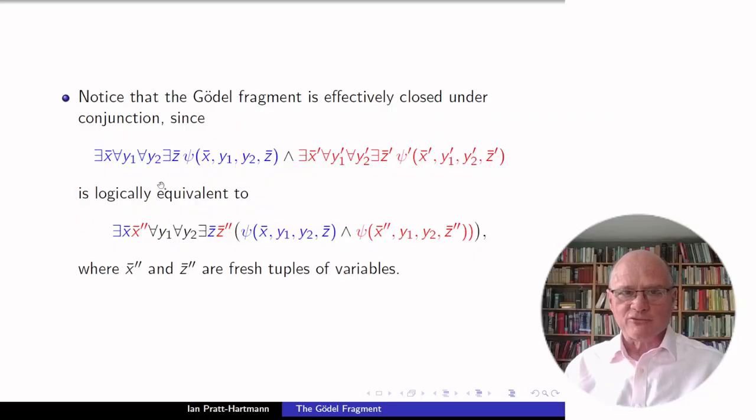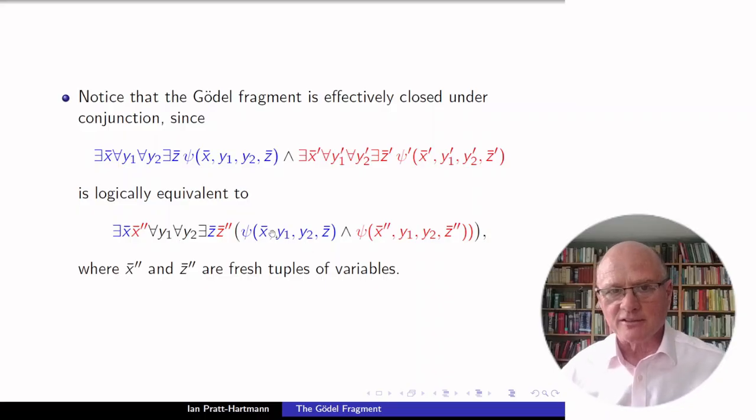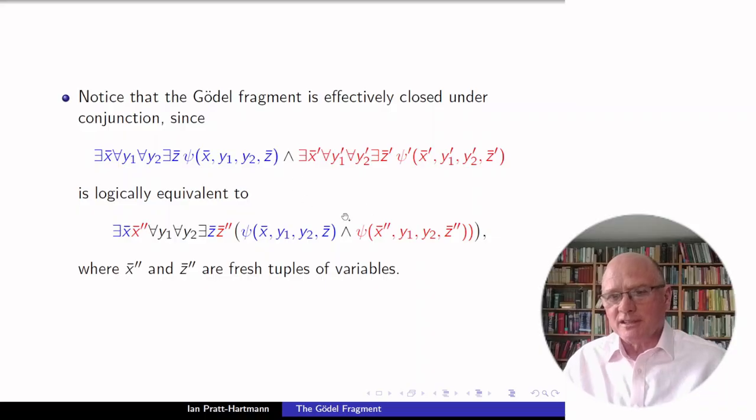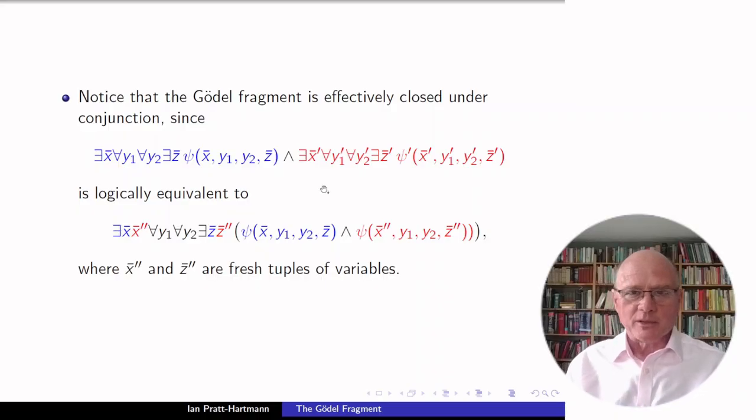You'll see that this second formula is in the Gödel fragment: existential quantifiers, two universals, existential quantifiers, and then the rest is quantifier-free. So if we are interested in determining satisfiability for finite sets of formulas in this fragment, that's just the same as determining satisfiability for single formulas. So that's what we'll concentrate on in the sequel.